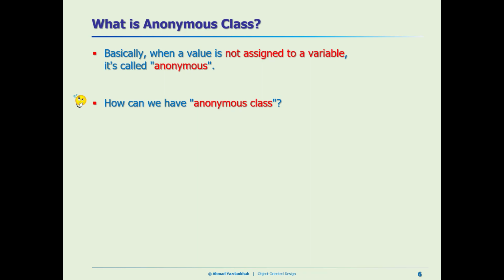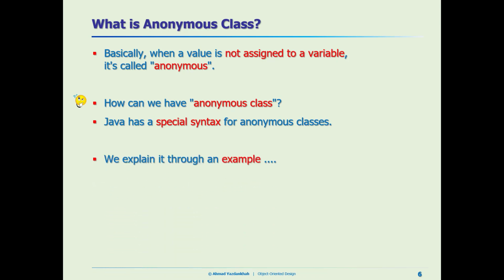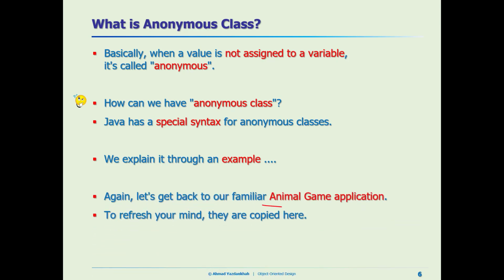Java has a very special syntax for creating anonymous classes. Let me explain it via an example. The best example that I can mention here is our old animal game examples, those classes.